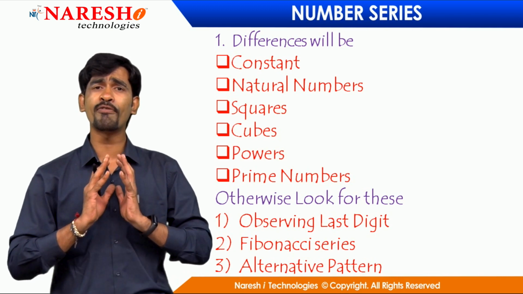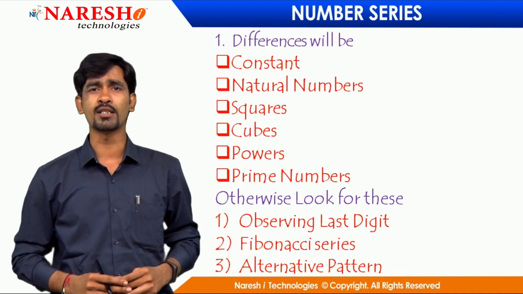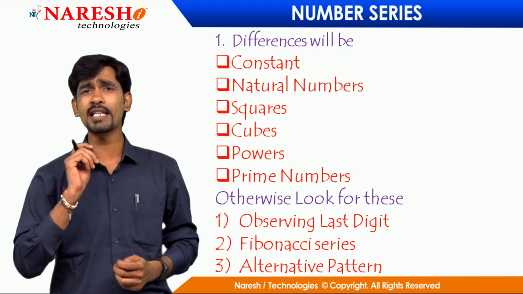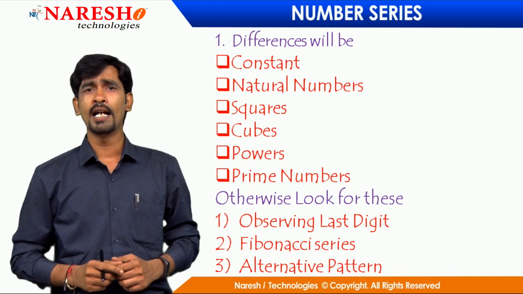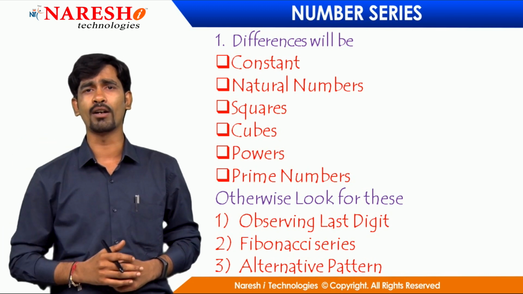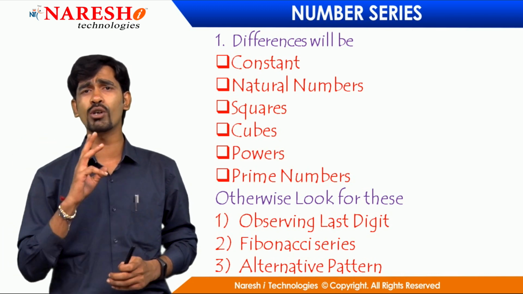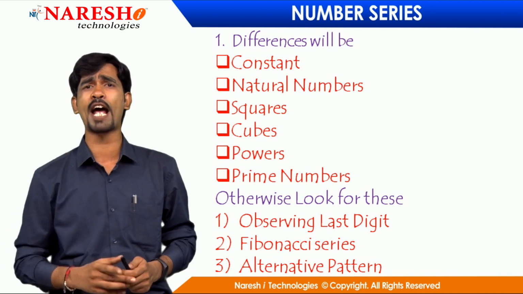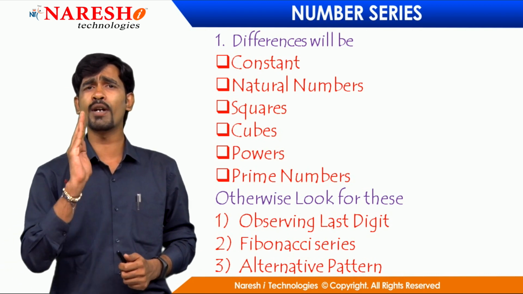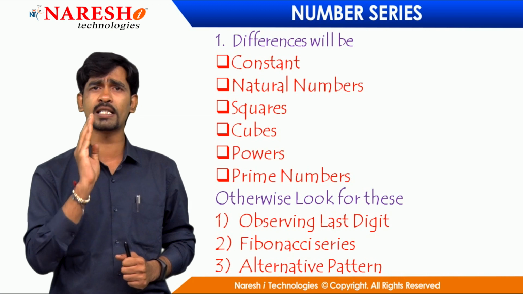So sir, what happens if the question is not coming with the level of differences? Definitely, if the question is not related to level of differences, it will fall under the second pattern. The patterns you need to remember to make your answer choices correct: the first one is to look for level of differences. That's your first task.